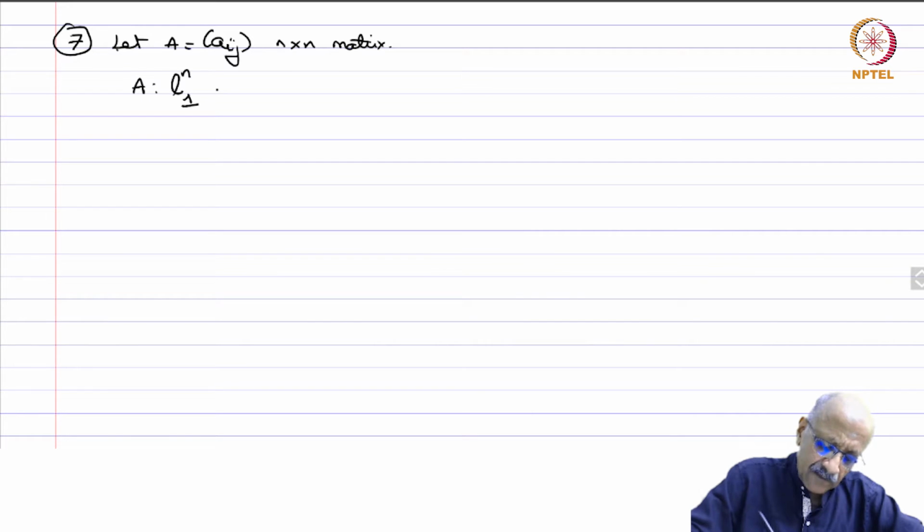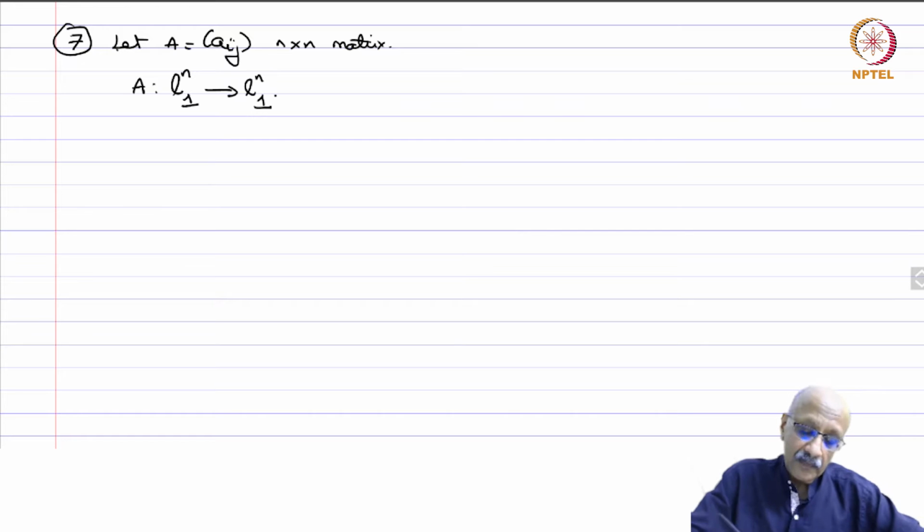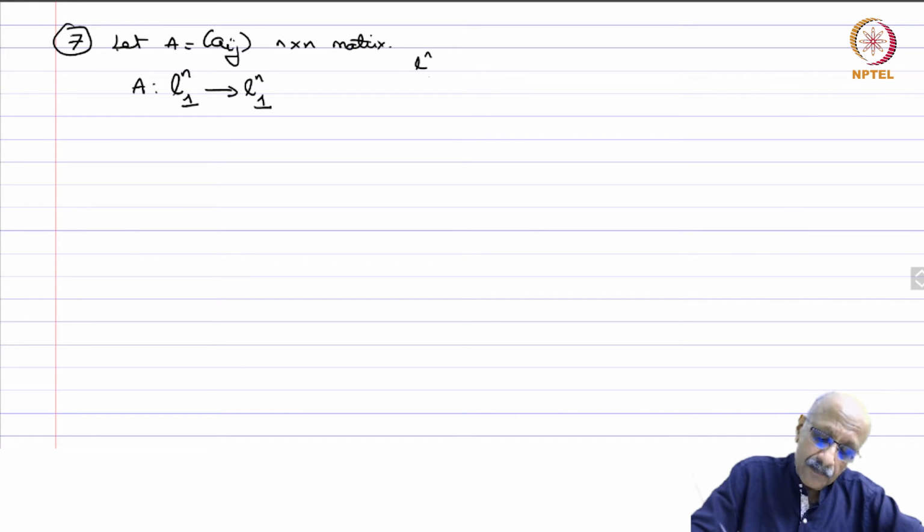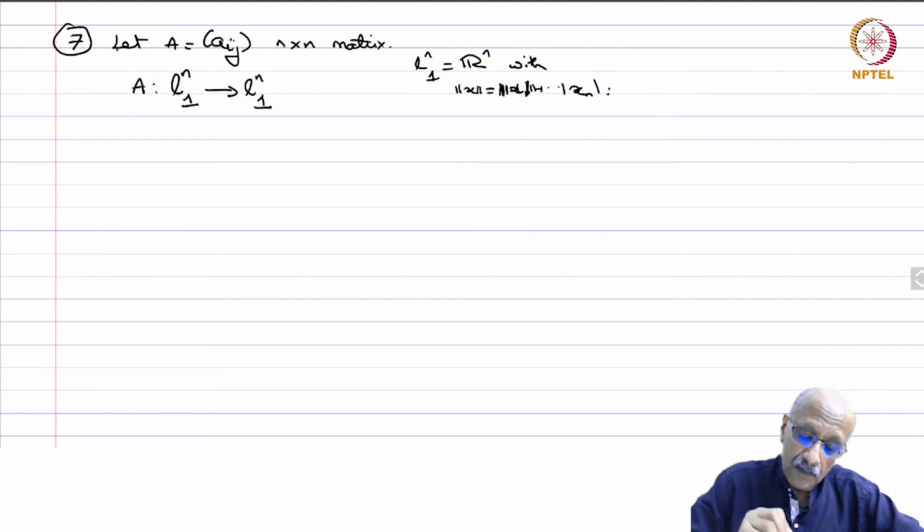Let us take it from l^n_1 going to l^n_1. Remember, l^n_1 is the R^n with norm 1. Okay, so that is the norm, the sum of the absolute values of the coordinates.